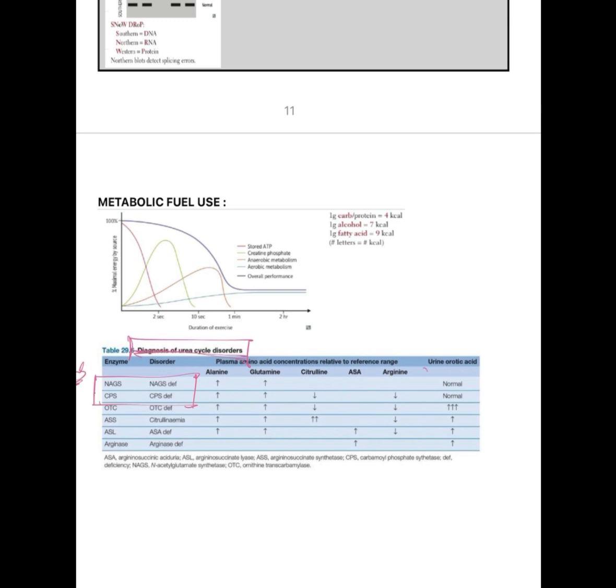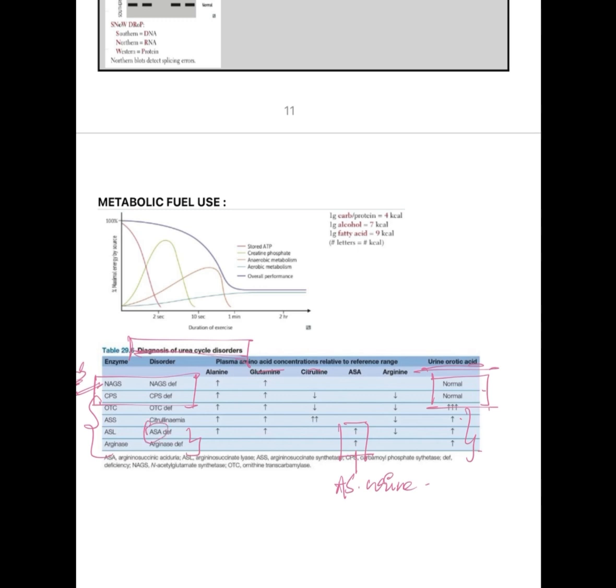So they might ask you NAGS or CPS deficiencies. What is happening here is there is normal urine orotic acid. If they give anything altered with normal urine orotic acid, only think of the first upstream pathways, NAGS or CPS deficiencies. More downstream pathways will have increased urine orotic acids. And remember, there is an important thing of raised ASA, that is argininosuccinic acid, in urine. This argininosuccinic acid is being excreted in urine in two important deficiencies.